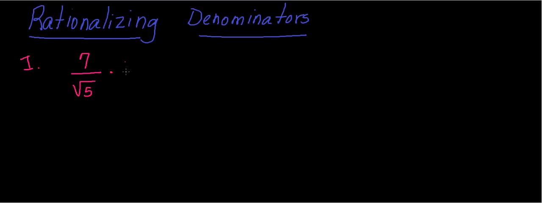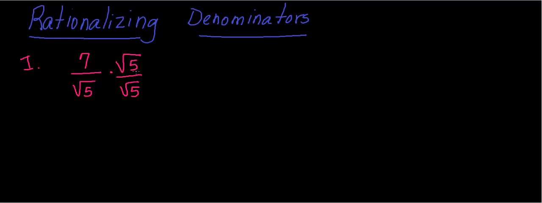I want to multiply it by 1 because I don't want to change the value of the original expression. So this will remain the same value as long as I multiply by 1. But I'm going to use a disguised 1, and that disguised 1 is going to look like this denominator. I will use this denominator to multiply the numerator and the denominator by.